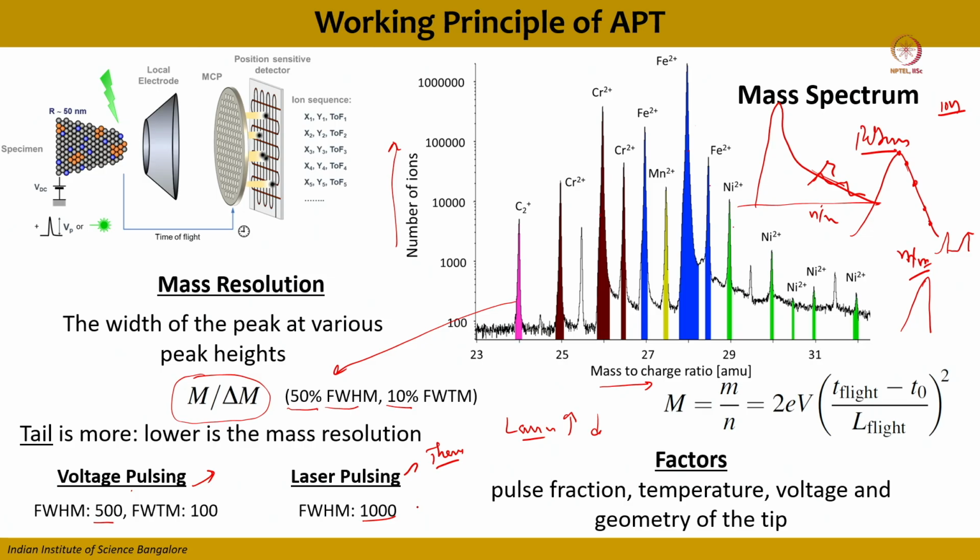Usually for laser pulsing we use thick samples, so that the temperature on the tip surface can be removed very easily. So these are the factors which influence this: pulse fraction, temperature, voltage, and geometry of the tip.